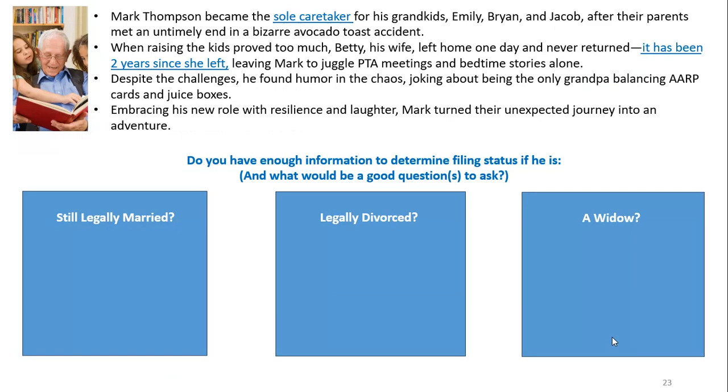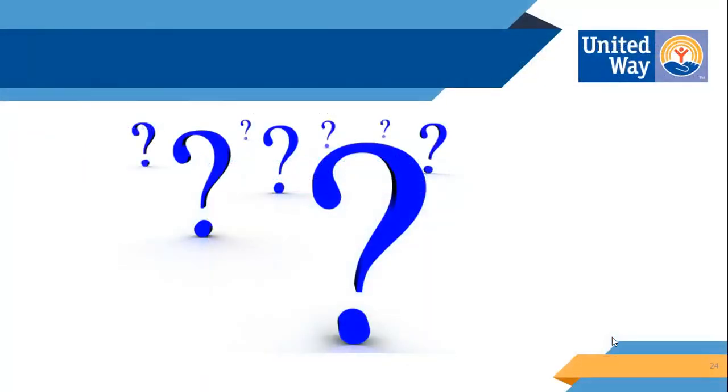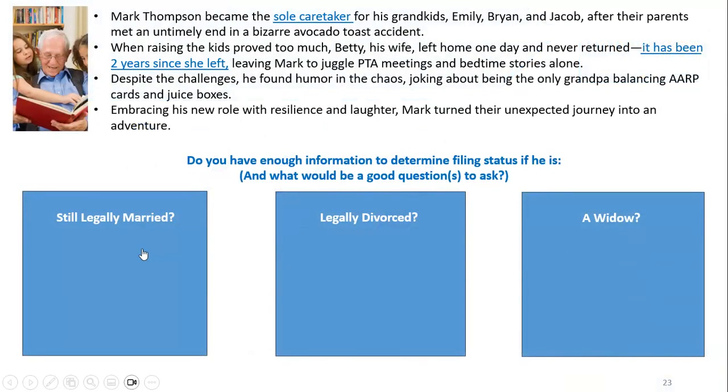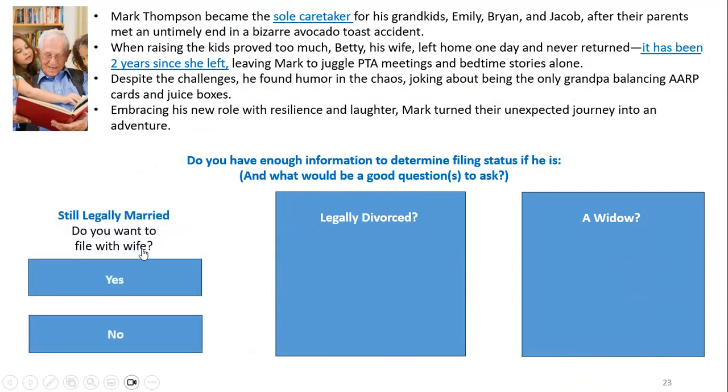We need to know, is he still married to her legally? Did they get a divorce? Is she even alive? Based off of the answer we get, we still need more information. If she's legally married, we'd want to know, do you want to file with her or not? Based off how he answers that question is going to help us determine his filing status.